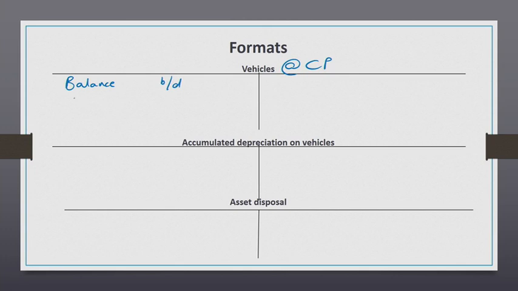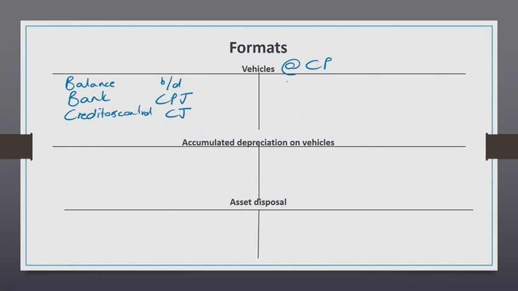Then we can buy new vehicles. We can buy cash, CPJ. We can also buy vehicles on credit, creditors control, CJ. Very often when we trade in an old one for a new one, that new one is bought on credit. This is grade 8, this is grade 9 work. Now we sell.